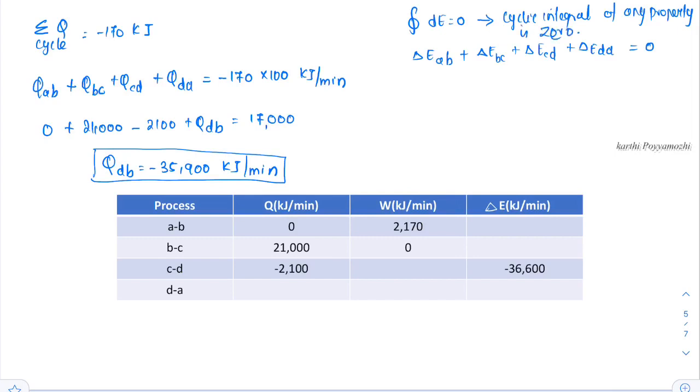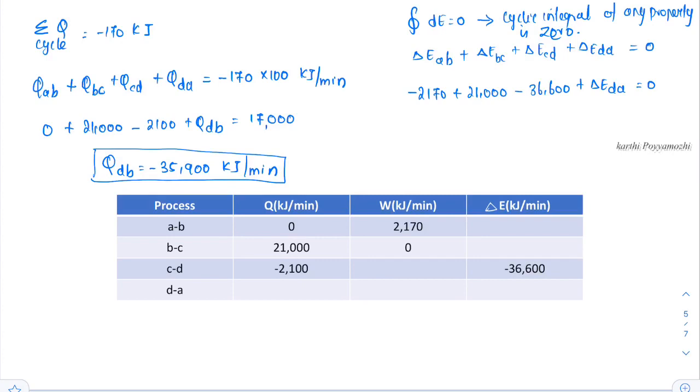By using this, you have the value of del E of AB, which is minus 2,170, plus del E of BC, which is 21,000, minus del E of CD, which is 36,600, plus del E of dA, which is the unknown value, equal to 0.